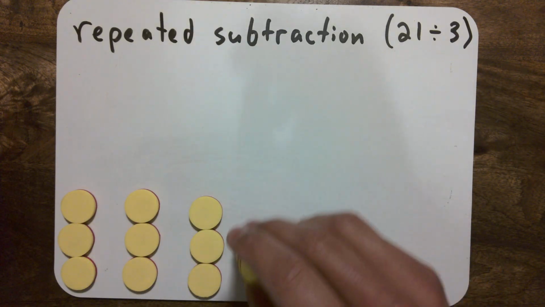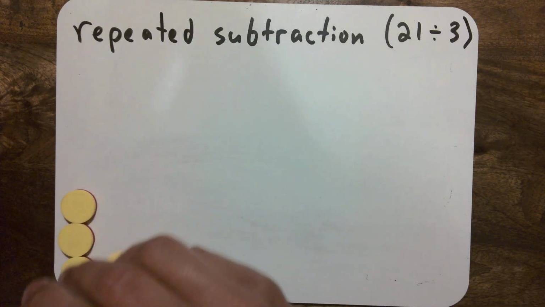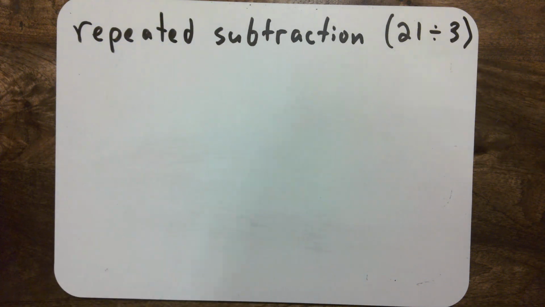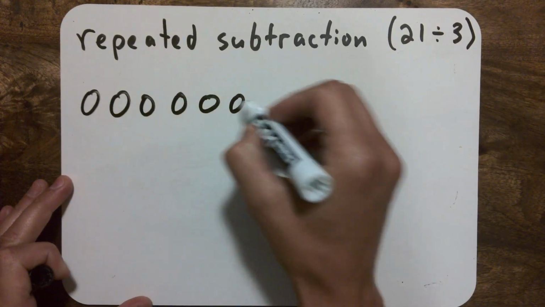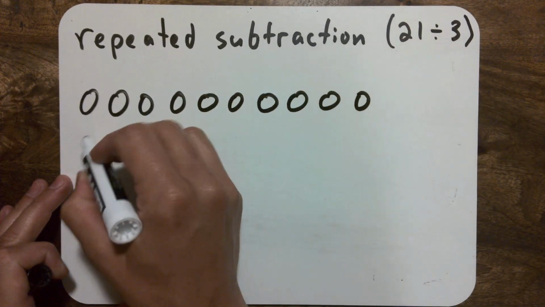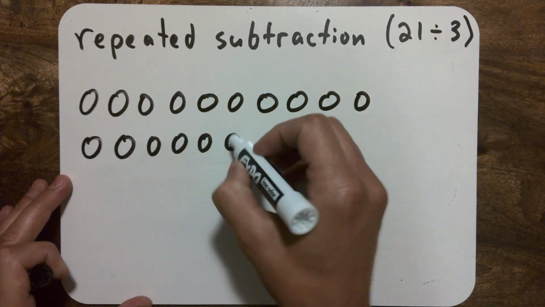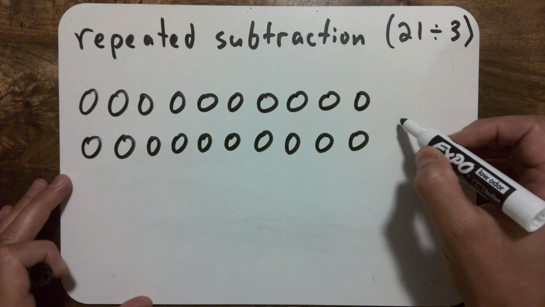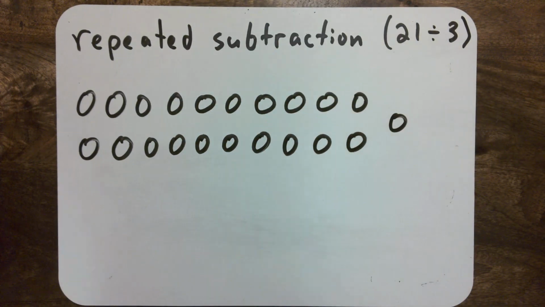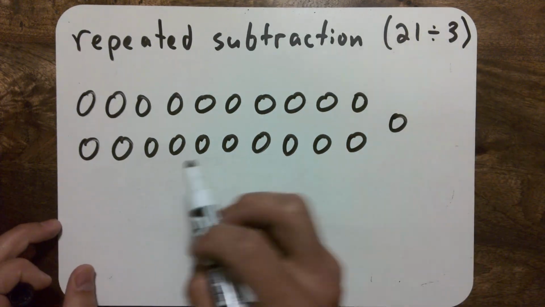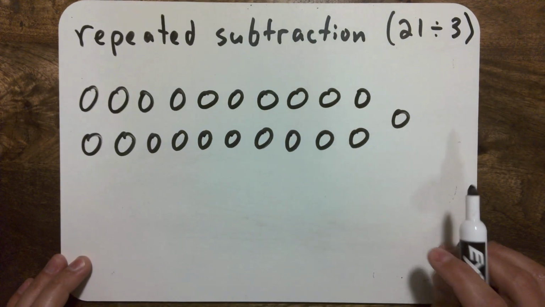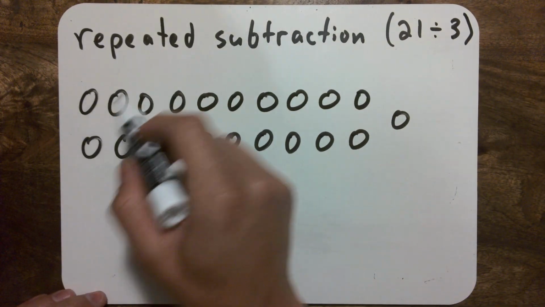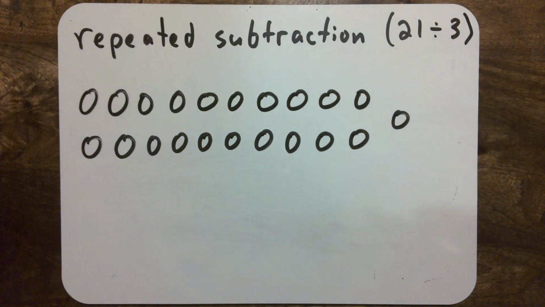So that's the concrete model. For a representational model for repeated subtraction, if we want, we could cross these out and show them drawn below.